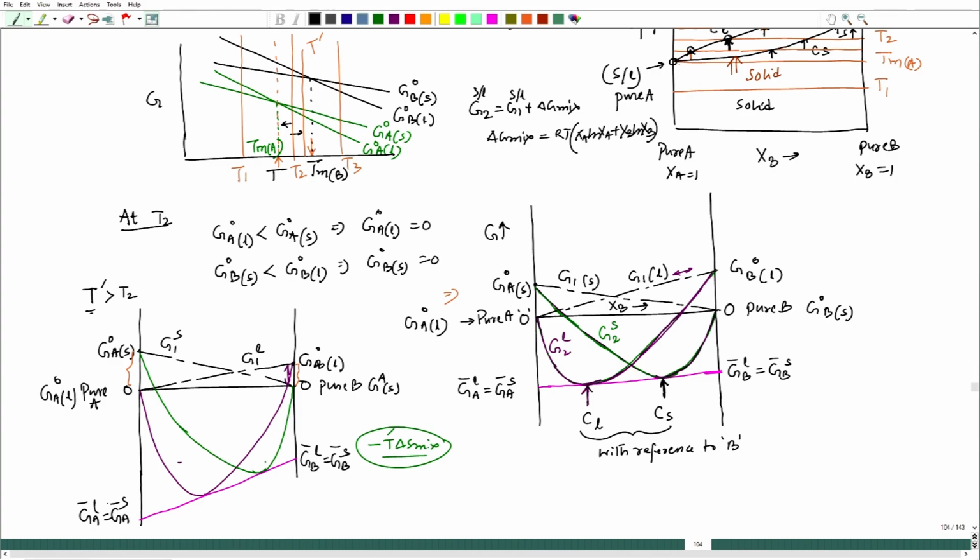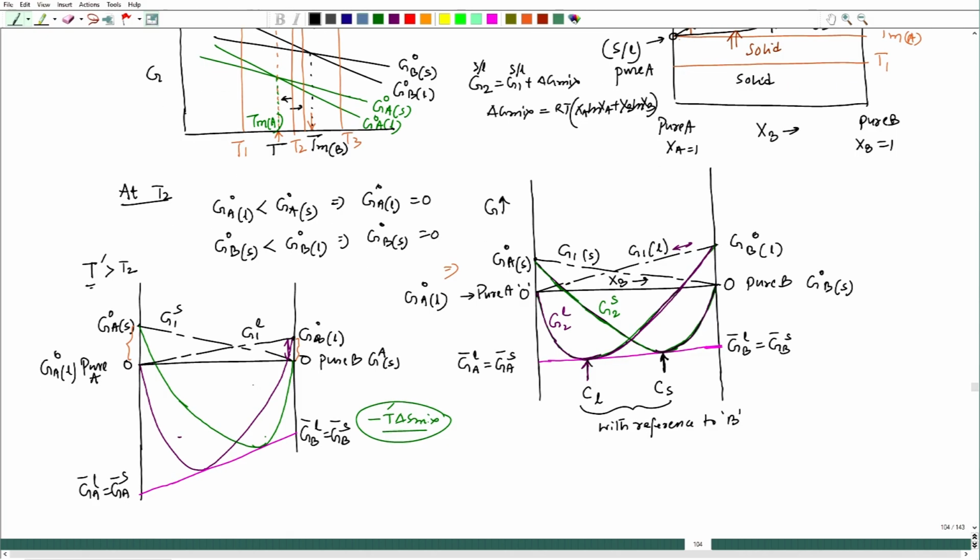So, those two compositions will be under equilibrium, and this is G2 liquid and this one is G2 solid. This composition is X B for solid and this composition is X B for liquid. And since it is at T prime, let me mark it with a prime sign.